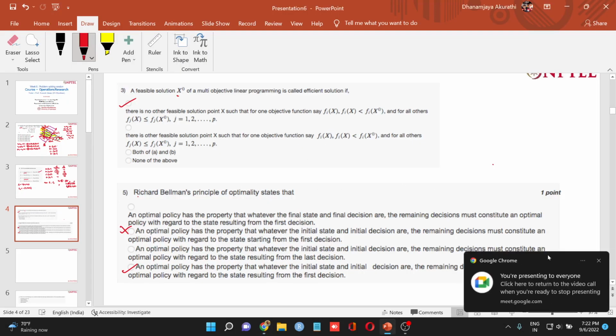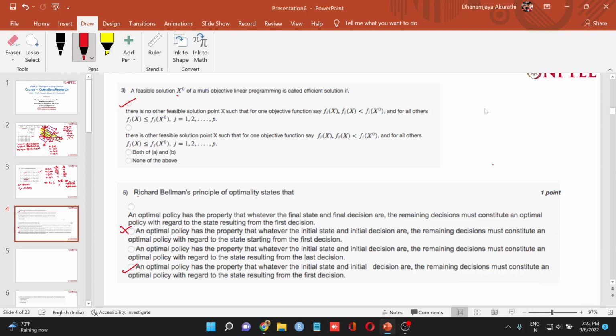Is this okay? That means you had a problem of x1 plus x2 plus x3. That means you had three variables either in constraints or in the objective function. So for the first stage we can subdivide it with only x1, for the second stage x1 plus x2, and for the last stage x1 plus x2 plus x3.